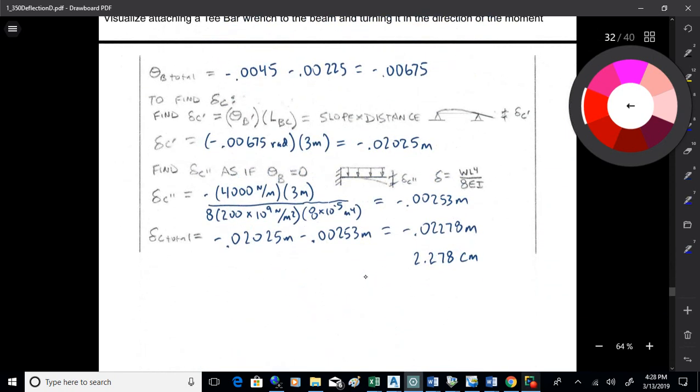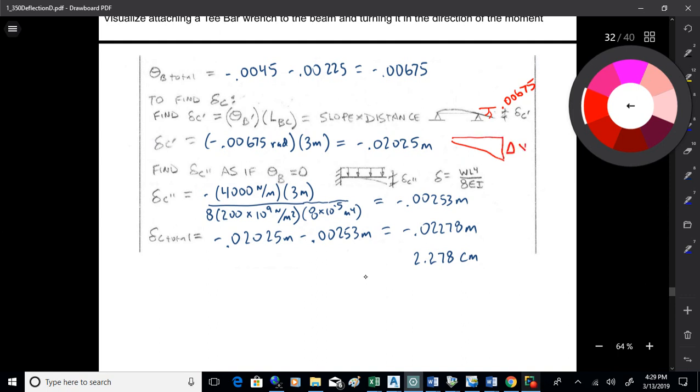So that angle right there is 0.00675, and that's caused by the two couples at either support. All right, now if I've got that and I know that angle, which again, a small angle in radians and a slope are pretty much the same thing.